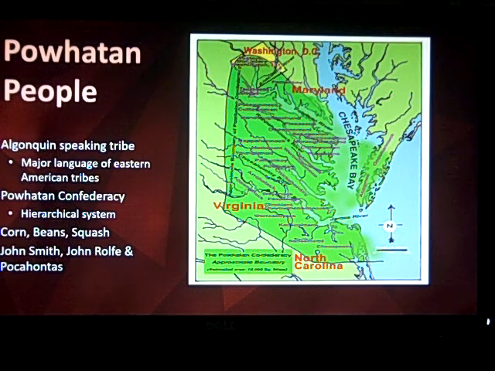Pocahontas fell in love with, I think, John Smith in that movie. It is true that Pocahontas did marry a white guy, but she married John Rolfe. She eventually goes back to Europe, where she is dressed up like a white person. They call her Rebecca, and they sort of parade her around.